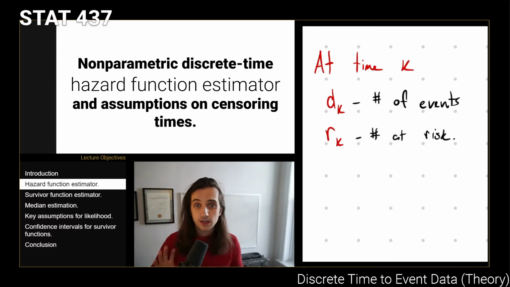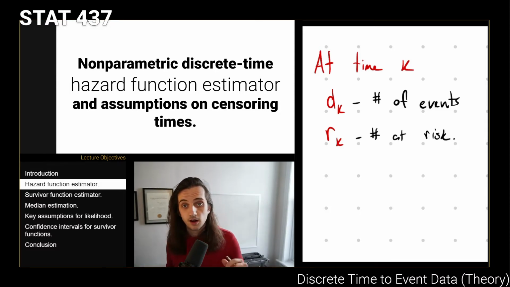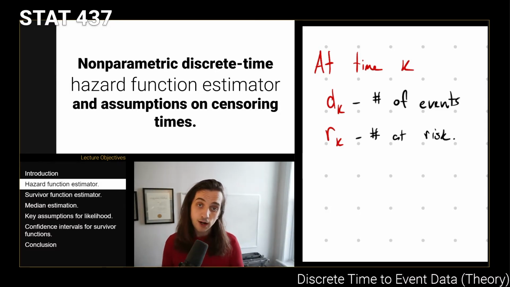So rk is however many people were left over at the start of the interval, and then dk is the number of those people that experienced the event.